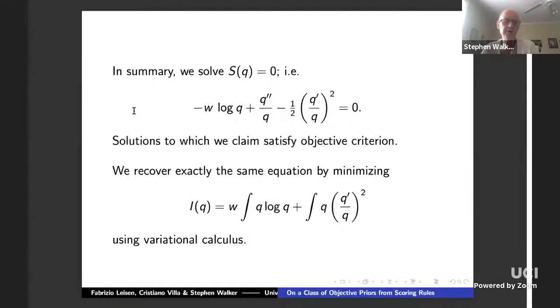So that's what allows us to directly attack information in the prior itself without having to go through some alternative route, namely maximizing some difference in information between prior and posterior. Okay, so for me, I'm ready to hand over to Fabrizio at this point.